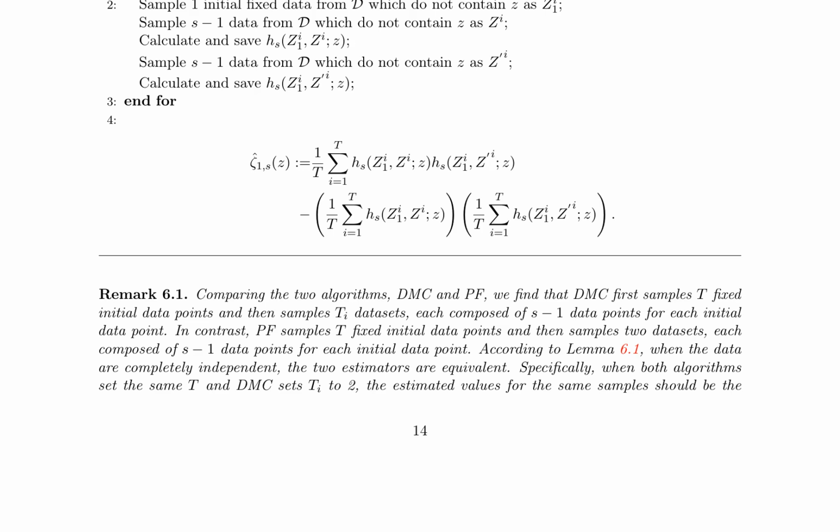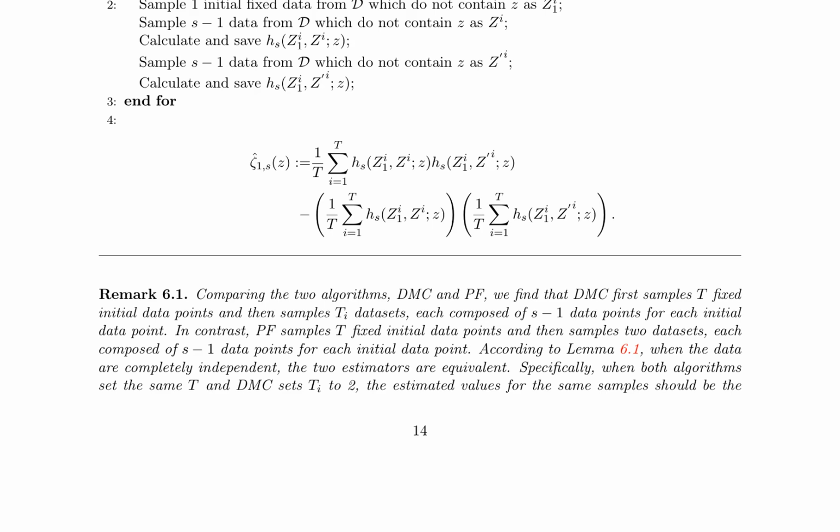The algorithm involves sampling initial fixed data points, sampling additional data points, calculating and saving the values of H_S, and finally computing the estimate of zeta 1, S, Z. The authors compare the pick and freeze estimator with the DMC estimator, noting that both algorithms sample T fixed initial data points, but the DMC estimator samples T additional datasets, each composed of S1 data points, whereas the pick and freeze estimator samples 2 datasets, each composed of S1 data points.